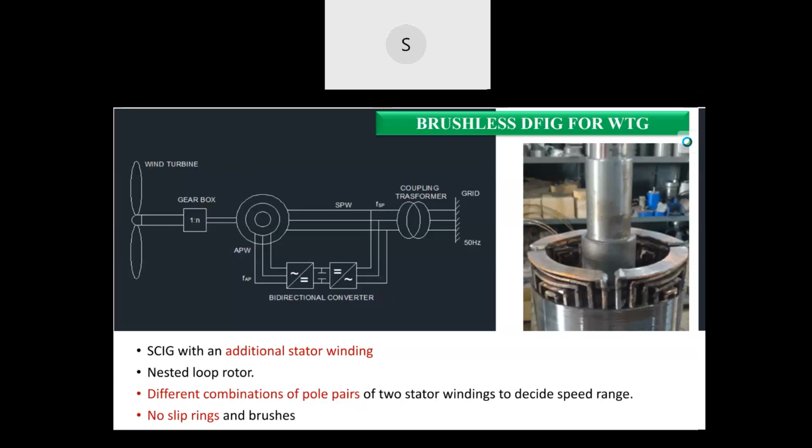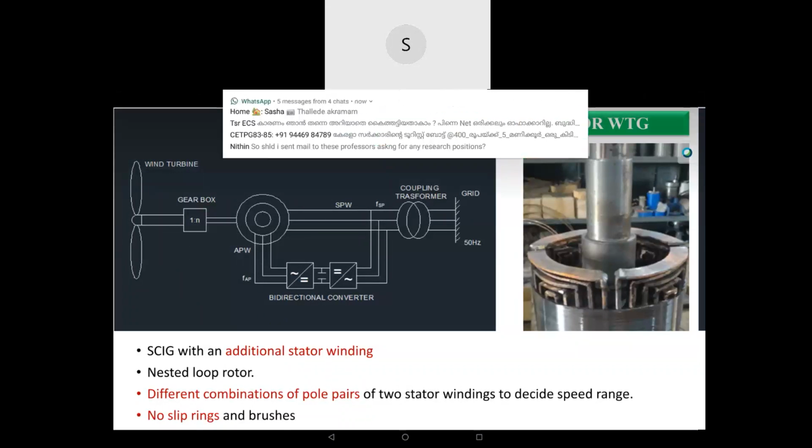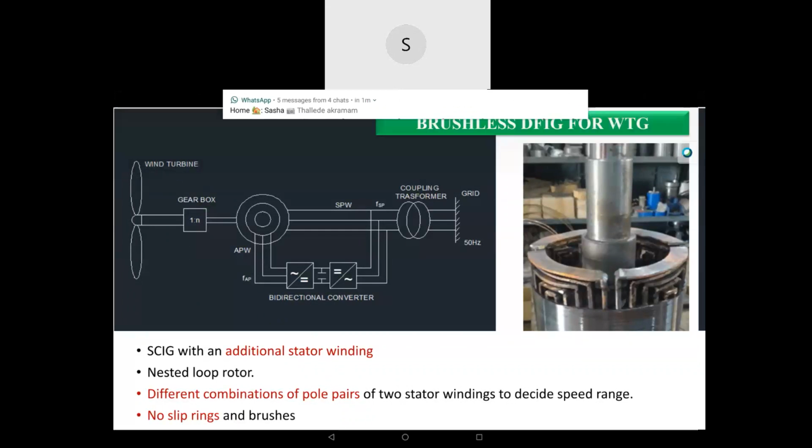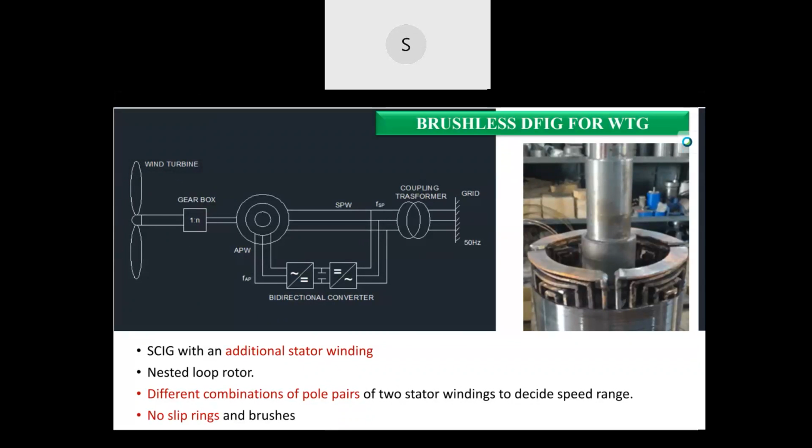SCADA has a communication either through GPRS or fiber optic to a far away control room, and from there it can be started, stopped, everything done. Only for major repair do people come there, otherwise nobody is there. In such a case, a slip ring and brushes have periodical maintenance, and that periodicity increases with the slip rings and brushes.